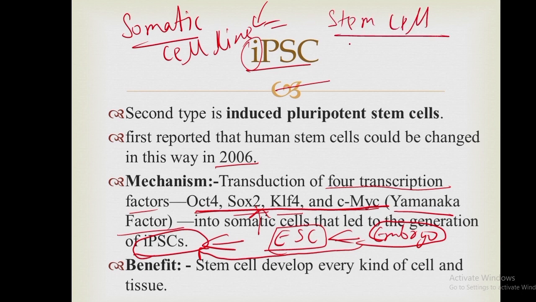So with the help of the introduction of these four Yamanaka factors, any somatic cell lines can be converted into stem cells. This is the easiest way of conversion of somatic cell lines into stem cells, and more stem cells can be generated. The benefit of this iPSC is it can be used for the generation of different kinds of cells and tissues.